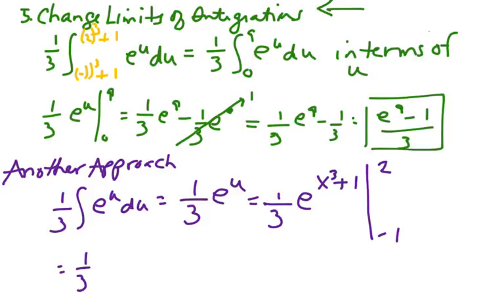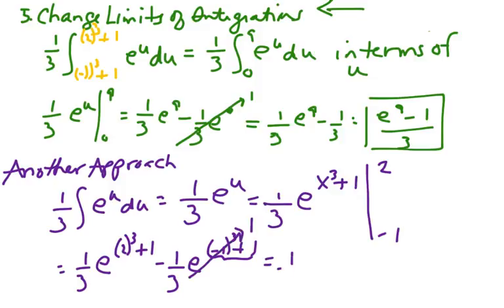So let's substitute in, and this is 2 cubed plus 1, right? I'm going to drag along the 1/3, minus 1/3 e to the negative 1 cubed plus 1. This evaluates to just 0, so this term is going to go to 1, and we're left with exactly the same answer that we got using the change of variable rule for the limits.